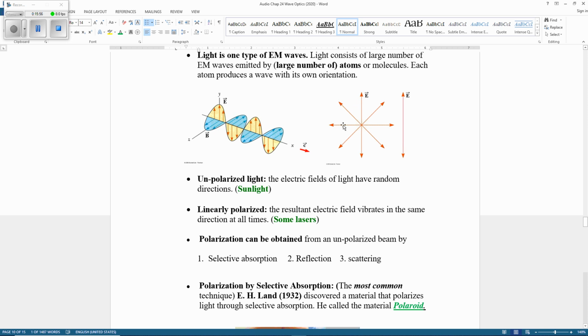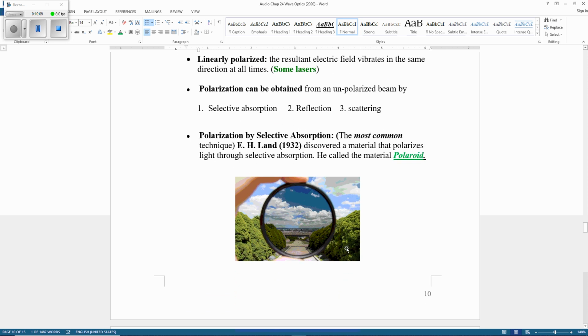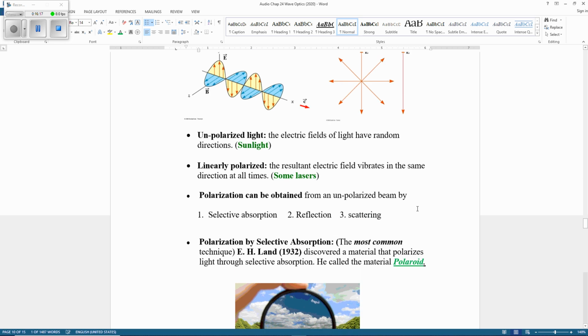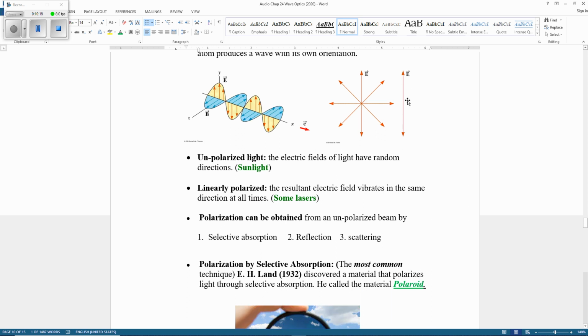This one cannot pass at all. That one also only part, this part, can pass through. So in total you're going to have half the light pass, half not. After this polarizer, you're going to have light like this, only going in the same direction.